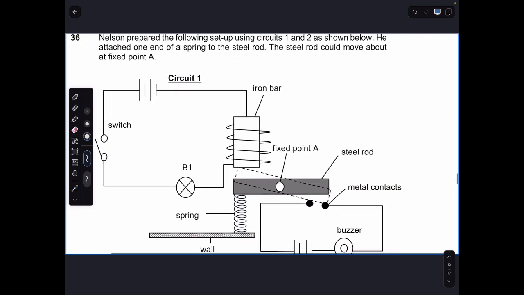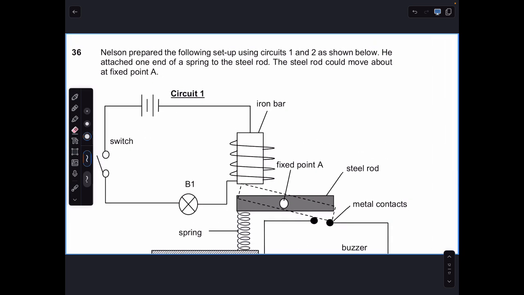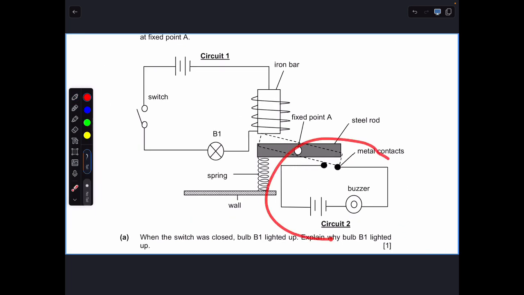Next. I want to spend a little bit more time on this question so that you understand the requirements. Very good, I see an increased number of you using CEO, but still not everyone. Nelson prepared the following setup: circuit 1 and circuit 2. This is circuit 2, this is circuit 1.